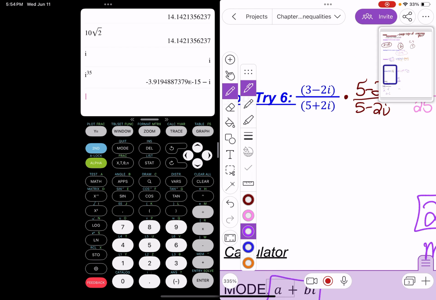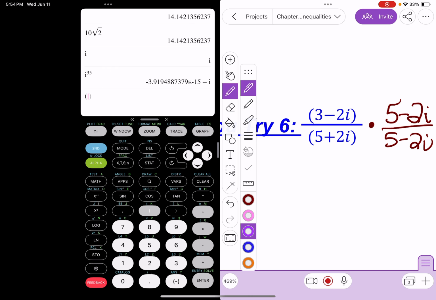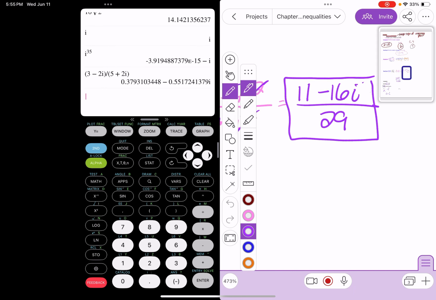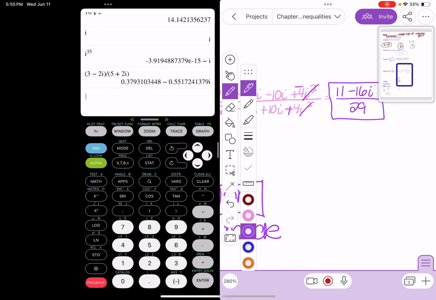But you also can type this. You could do parentheses, 3 minus 2i, divided by, don't forget the parentheses, 5 plus 2i, second i. And it'll give you a mess, right? But then there's this fun button.